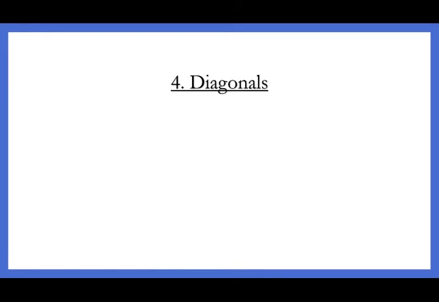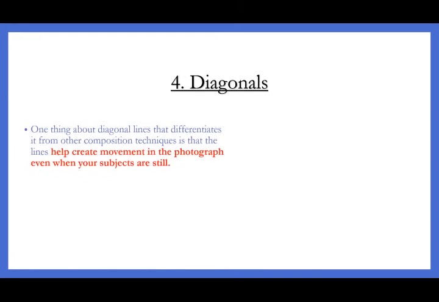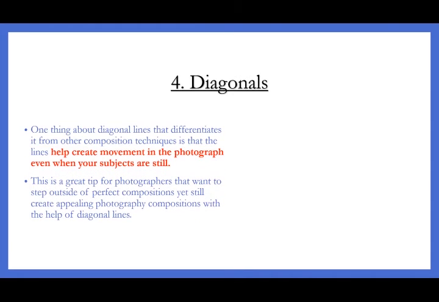Diagonals. One thing about diagonal lines that differentiates them from other composition techniques is that the lines help create movement in the photograph even when the subjects are still. This is a great tip for photographers who want to step outside of perfect compositions yet still create appealing photography compositions with the help of diagonal lines.